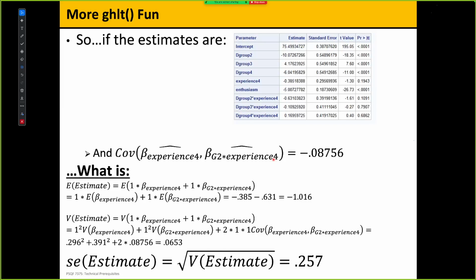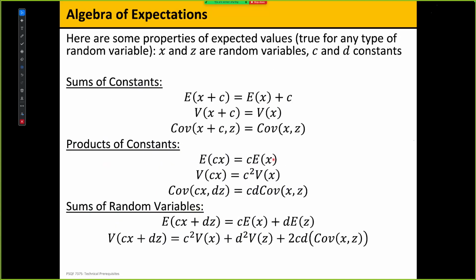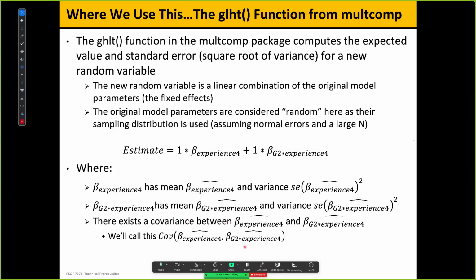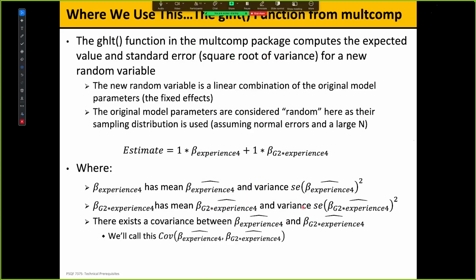And you can use the algebra of expectations to derive it. I'm going to leave it at that. The point I'm trying to tie here is this isn't just me playing with math stat when I'm doing all this. This has real implications for how we do statistics. And if GLHT didn't exist, which it actually didn't because it's an R package, so you have to know that it didn't exist when I started learning R, let's put it that way.